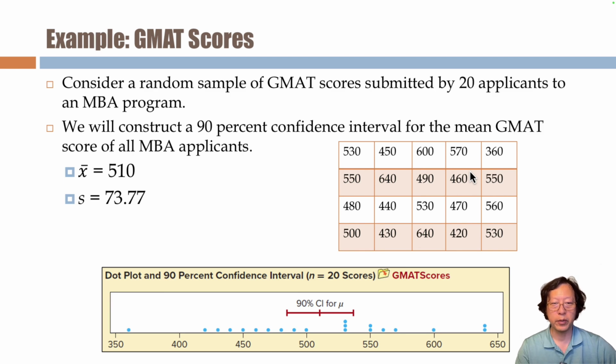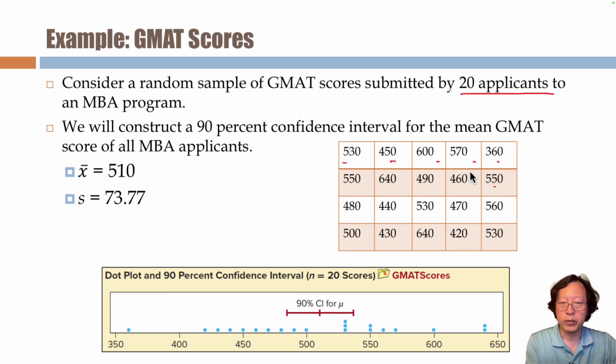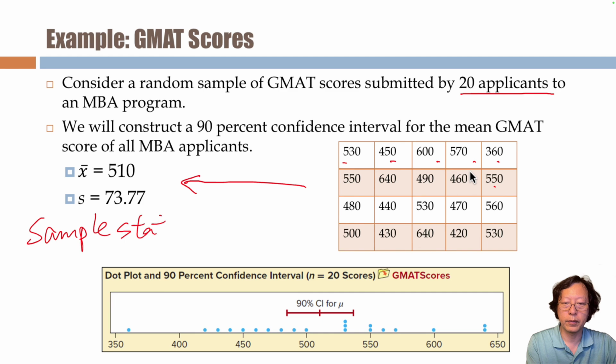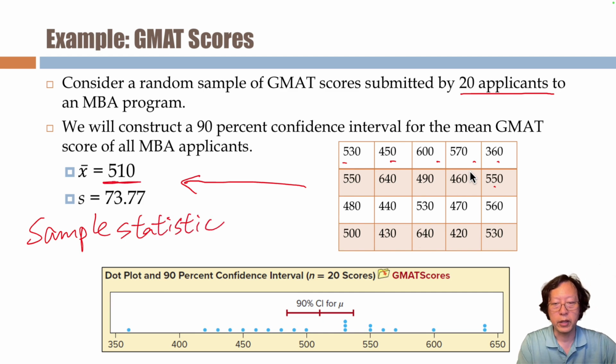Let's take a look at an example, GMAT score. You collect 20 applicants, and you don't know the population mean, and you don't know the population standard deviation. These are the 20 different values, and you calculate the sample statistics here. The mean is 510.